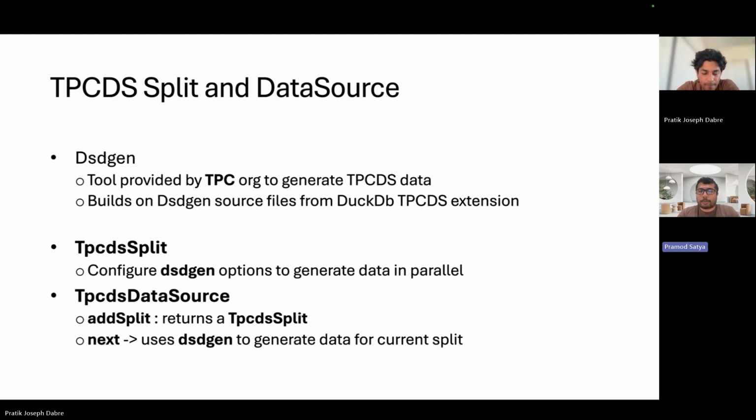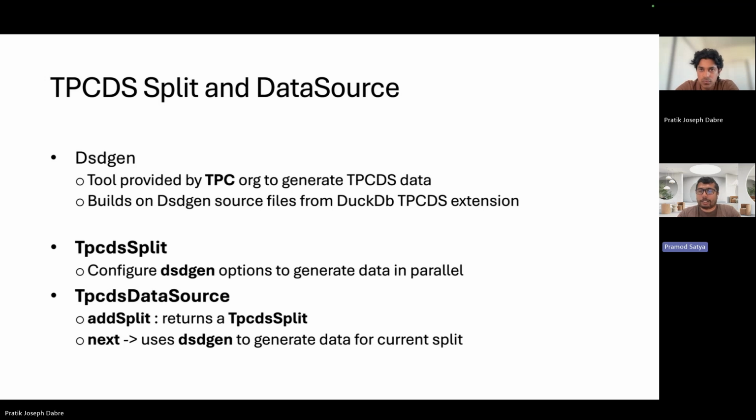So what is a TPCDS split? A TPCDS split essentially describes a chunk of data from the TPCDS table using the starting row and the row count. Once you get a TPCDS split by calling the add split API, the table scan operator will call the next API from the TPCDS data source on the split until all the rows from the split are generated.